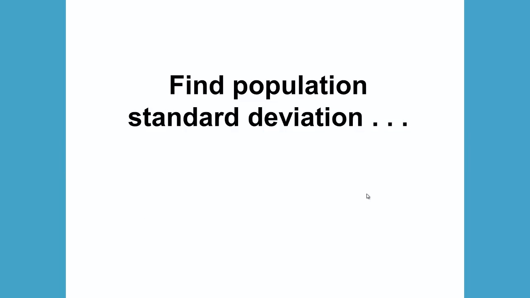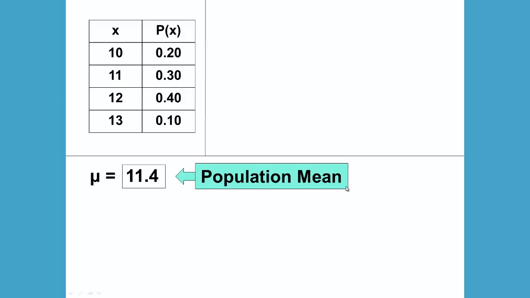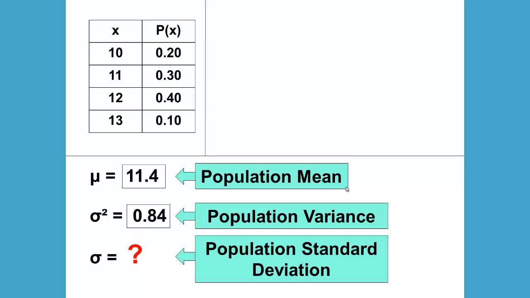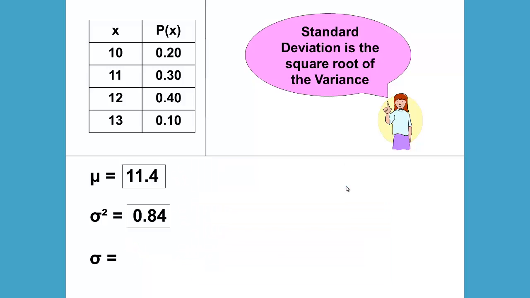Our last task for this example is to find the population standard deviation. We have the population mean to be 11.4, the population variance to be 0.84, and now we need the population standard deviation. The standard deviation is the square root of the variance.